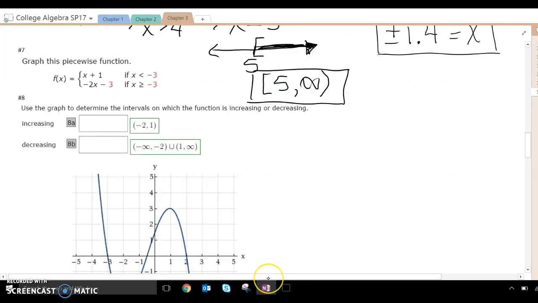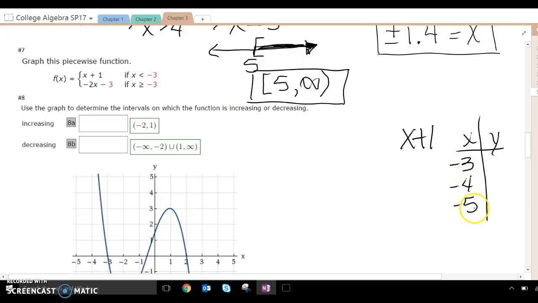So let's say you weren't sure what this graph looked like. What I would do is generate some ordered pairs for each graph. So if I'm doing the x plus 1, and I need to make sure that everything's less than -3, I would generate my own XY table, and I would start my x at -3, and I would go less than.